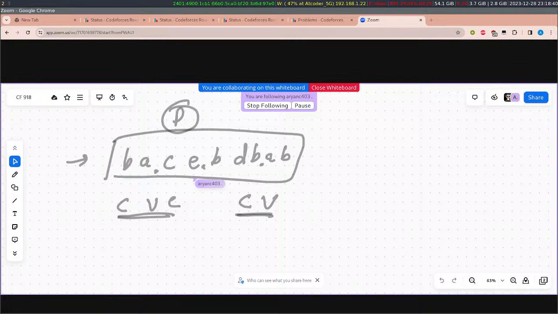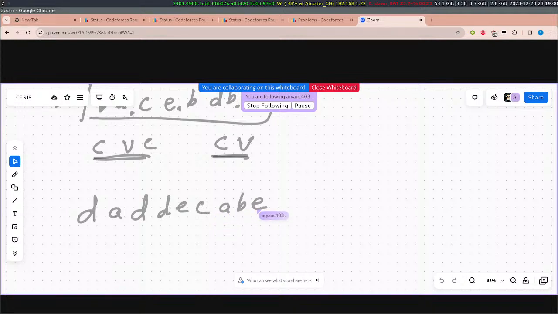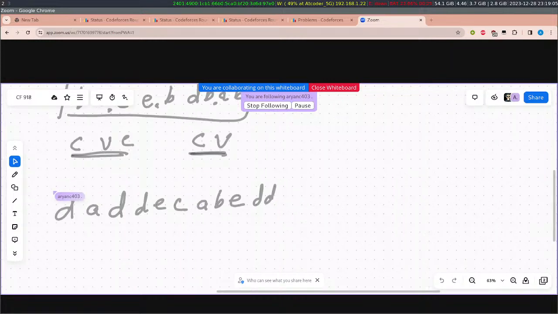For example, if I pick the third sample, let's say, which is EAD, EEC, ABE, ED, AD. Let me just randomly split it with some dots, like this.